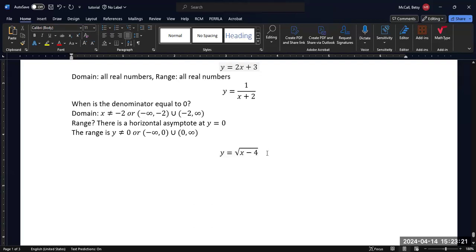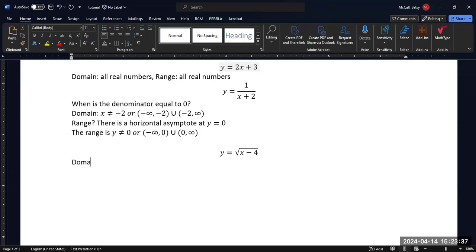And then this last example, again, something else to think about. We can't put negative values under a square root, and square roots cannot actually produce negative numbers. The positive square root only produces positive numbers. If you want negative numbers, you have to put a negative sign out front of the square root explicitly.